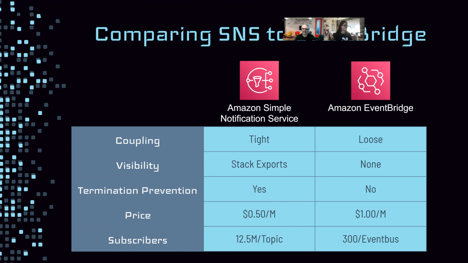Each topic can have up to 12.5 million subscriptions. 12.5, not 12, not 13, 12.5 million. I mean, that's a lot. Compare that to 300 rules, which are what trigger an event, per event bus. Most commonly, you're just going to use the default event bus, so you're limited to 300 rules. That is orders of magnitude apart.